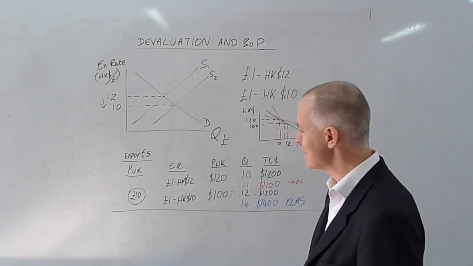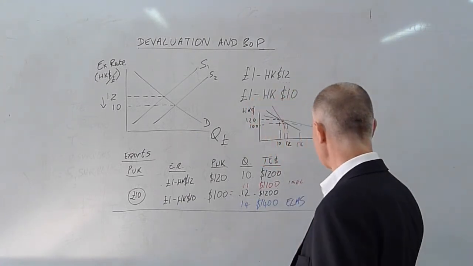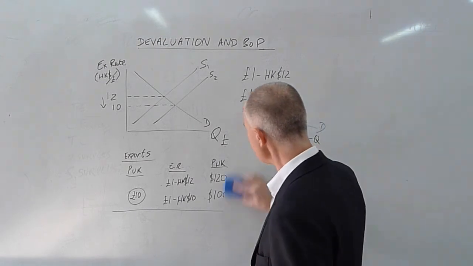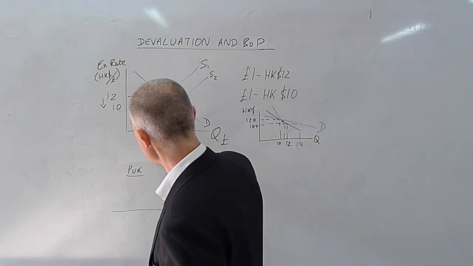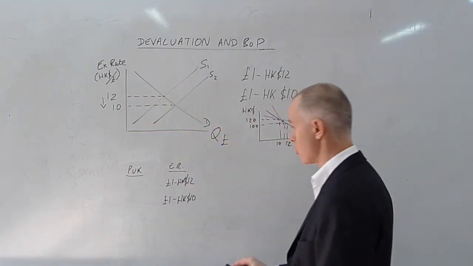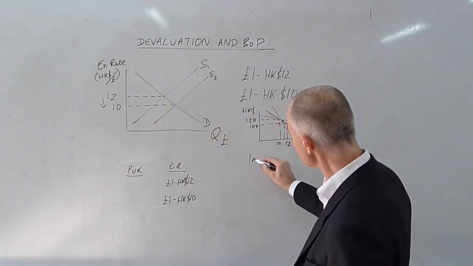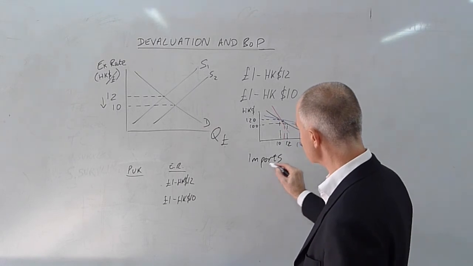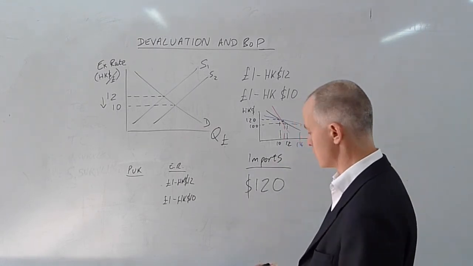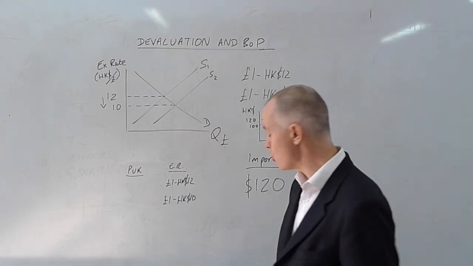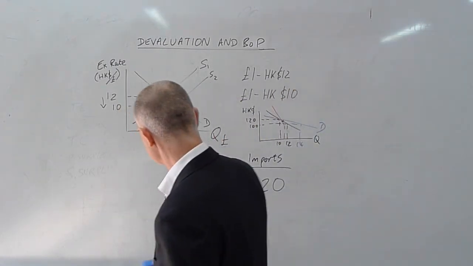The import side is unfortunately more difficult. For the same exchange rate change, we will now consider what happens to the imports from Hong Kong. A product whose price in Hong Kong is $120 will see its price when imported to the UK change.